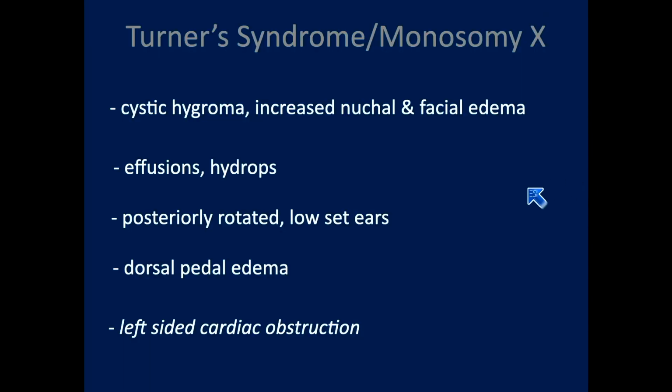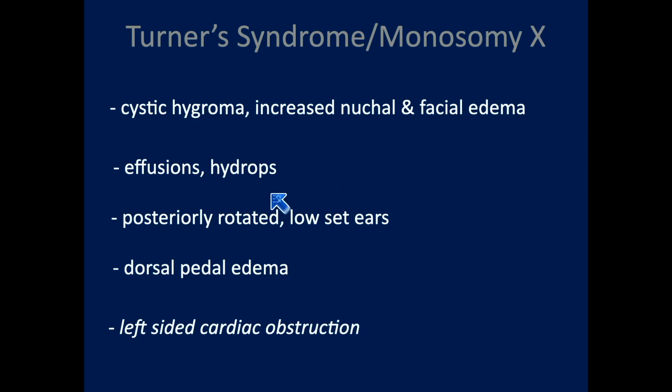Moving on quickly to Turner syndrome, common abnormalities, cystic hygroma, right? That's your 12-week presentation of Turner syndrome, the baby with the large septated hygroma. That is not necessarily restricted to the fetal neck. Oftentimes you'll see marked nuchal and facial edema.